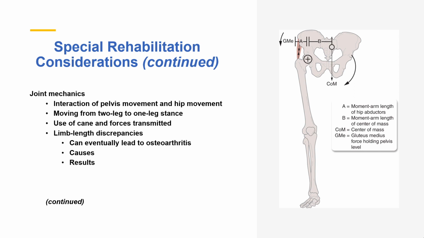Normally, the stance limb and the hip abductors of that limb have enough strength to pull on the pelvis so it remains relatively level or stable during the single limb stance.